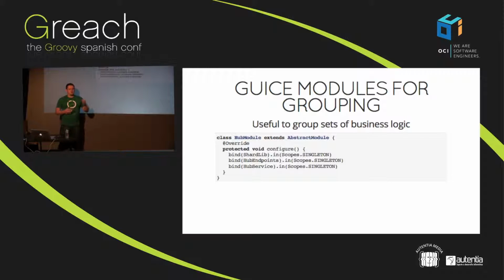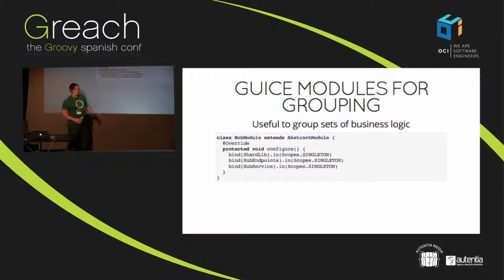So in our ratpack.groovy, we're just binding this one hub module in the bindings section, and then in our handlers block we pull in the hub endpoint chain and put that at /hubs. And then we know we've also bound all of the services and libraries necessary.